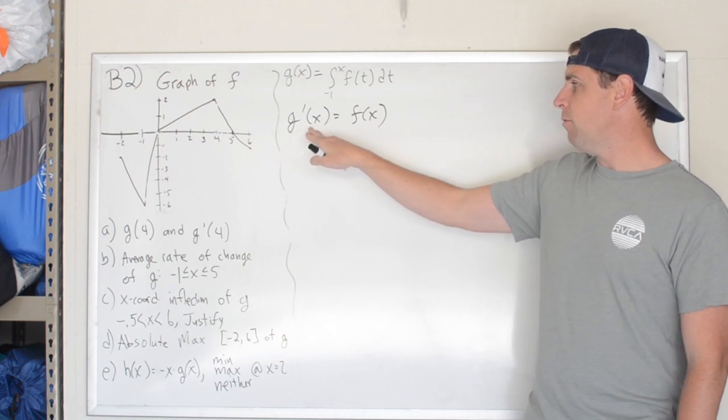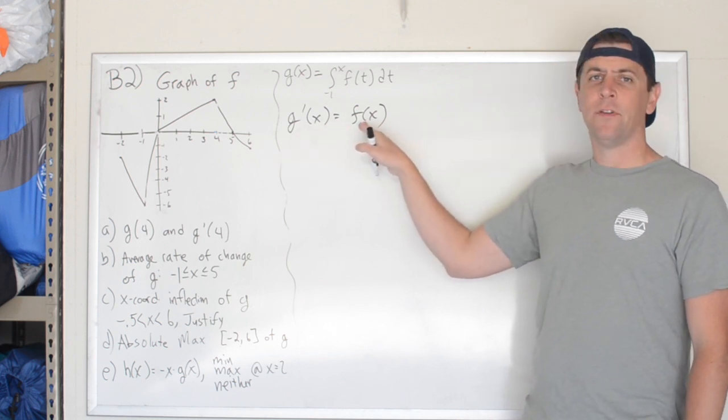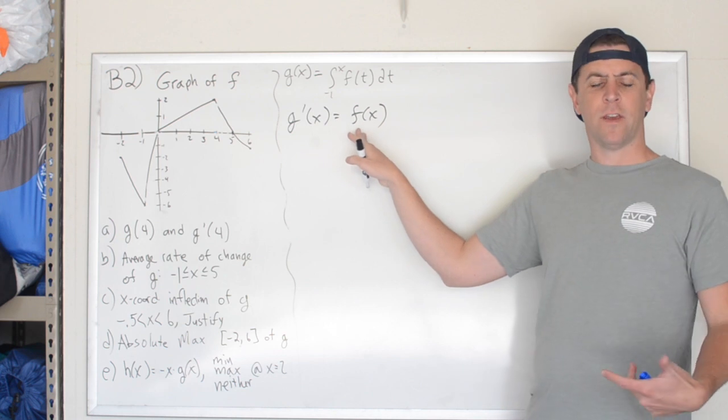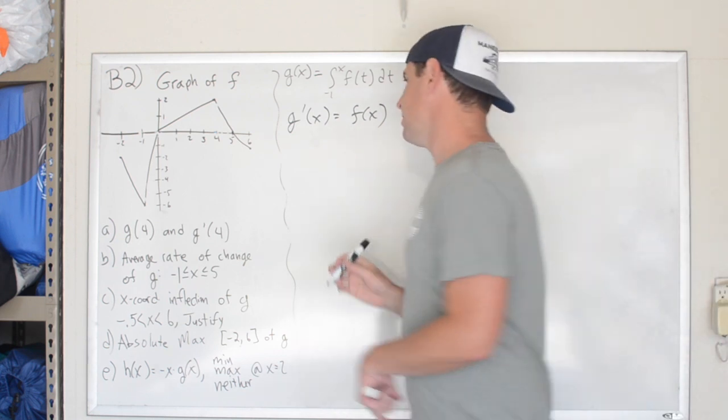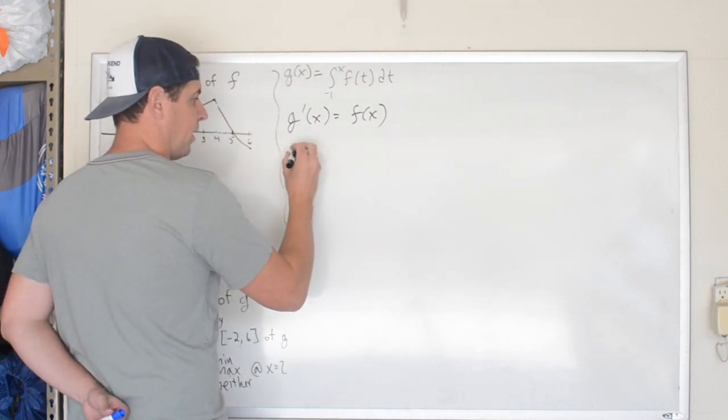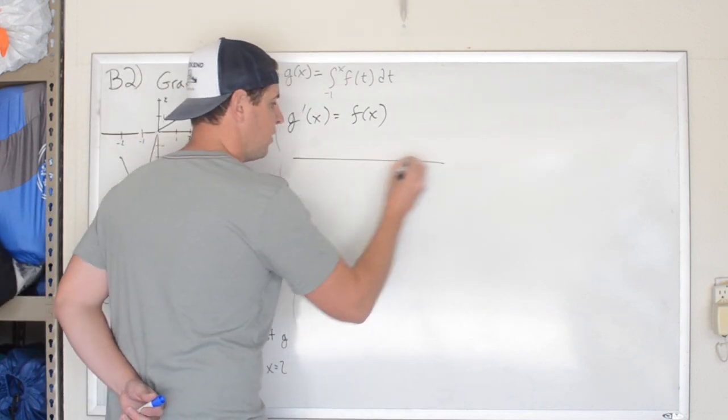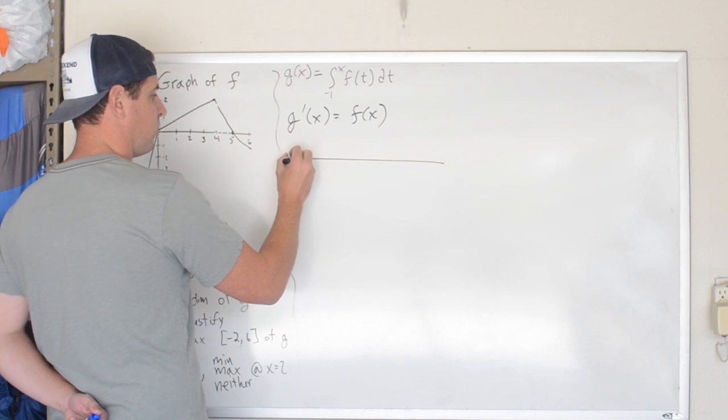I want to consider when F of X is positive or when F of X is negative to find this absolute maximum. One of the good ways to do this is a number line or a sign analysis like this, where we check our critical points.